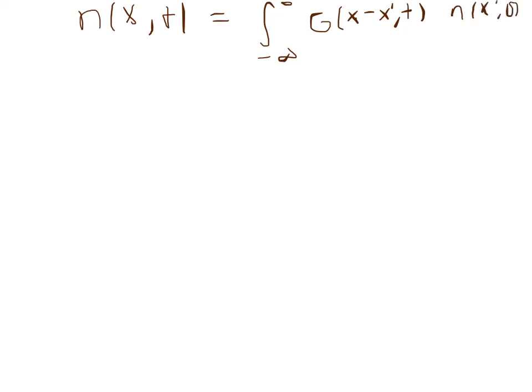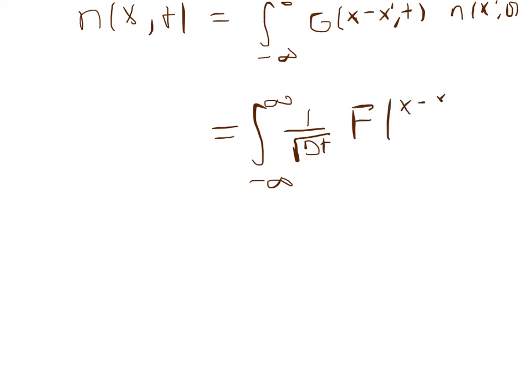And then if I were to rewrite the formula that we derived in class for the Green's function, it's the integral from minus infinity to infinity of 1 over the square root of Dt times a function f of x minus x prime over the square root of Dt times n of x prime and 0.